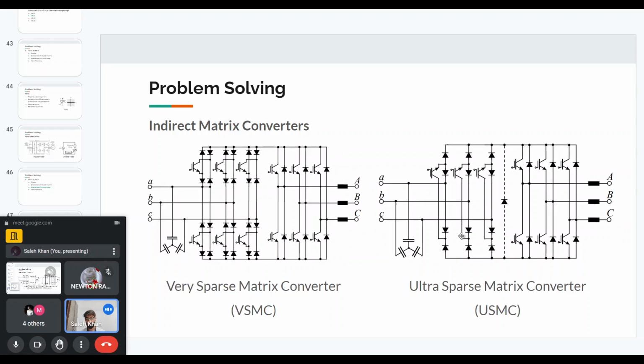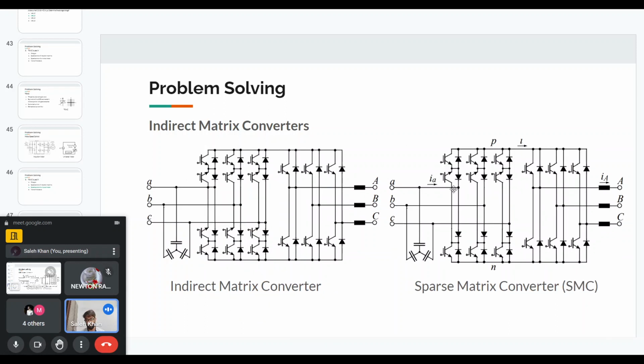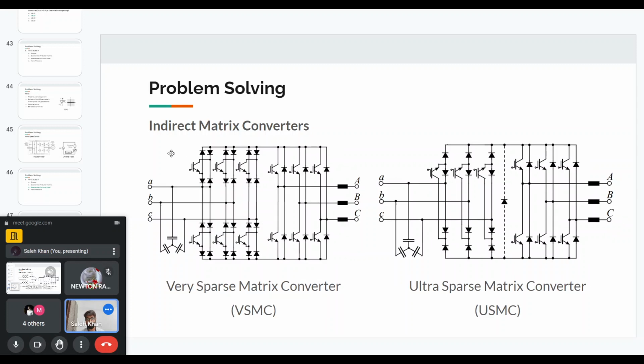And then we can have a very sparse matrix converter. For the sparse matrix converter, in each leg we have three switches and four diodes. But for the very sparse matrix converter, we are reducing the number of control switches.